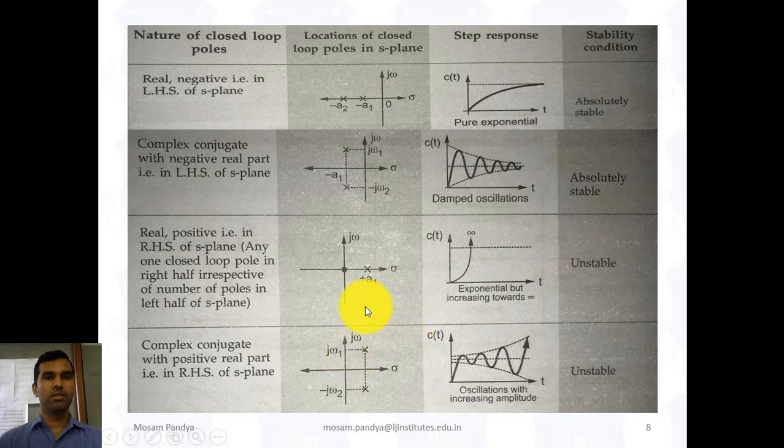And this is a complex pole of this system. Here we see the complex pole is also present on the right hand side. As we discussed in the definition, this system is also an unstable system. So by using the transfer function we can also find out the stability of the system.